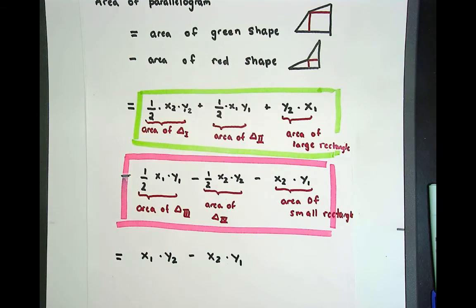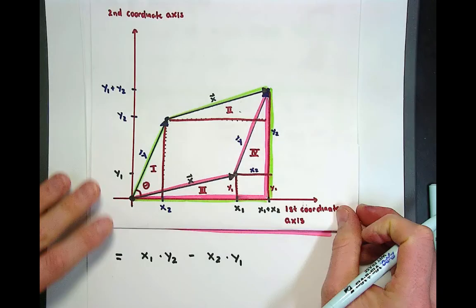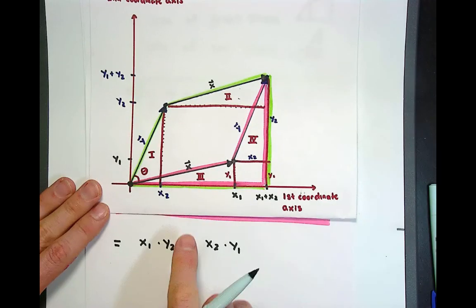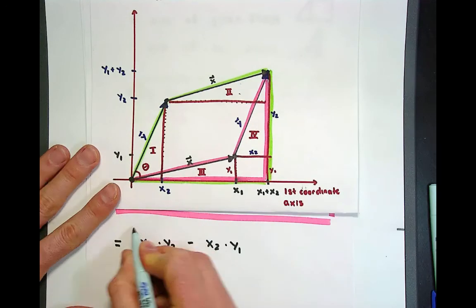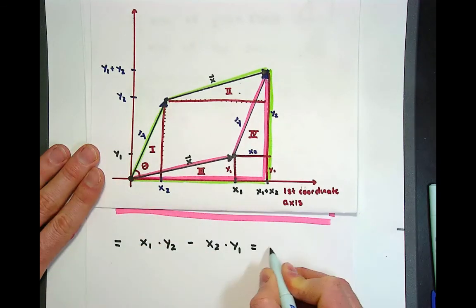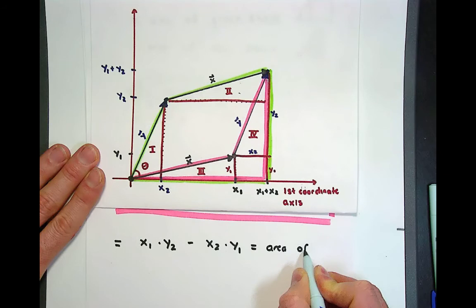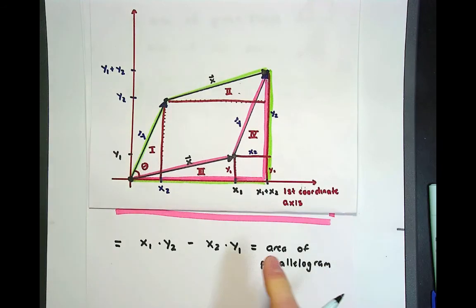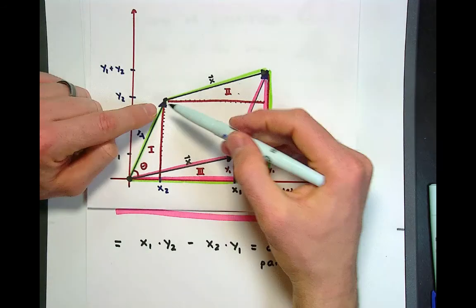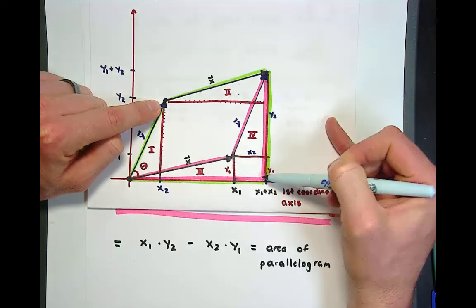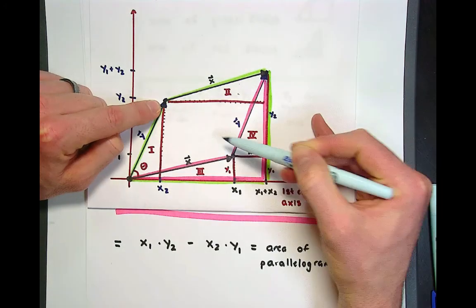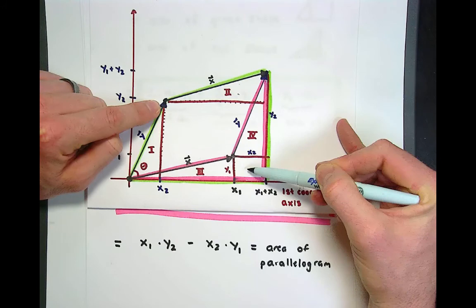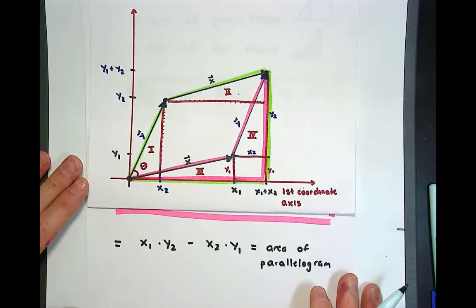And if we look back at what this says, the area of the parallelogram, this is what we wanted. This area of the parallelogram is now given by this difference, which is the area of the large rectangle minus the area of the small rectangle.